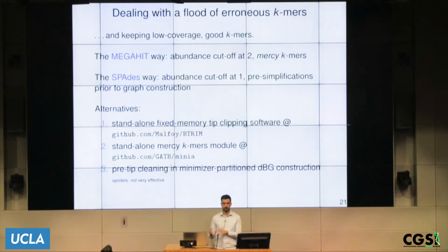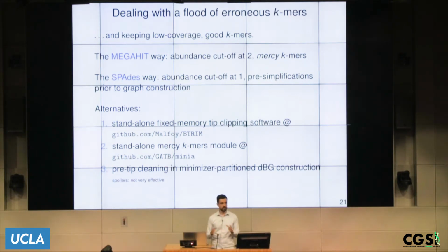Assemblers typically try to correct the reads, but once they are corrected, there are still some erroneous k-mers remaining. So what you want to do, in order to be conservative but also keep many k-mers, is one of two alternatives. MEGAHIT keeps k-mers which have been seen at least twice, and tries to recover some of the k-mers seen only once using mercy k-mers, which I will talk about later.